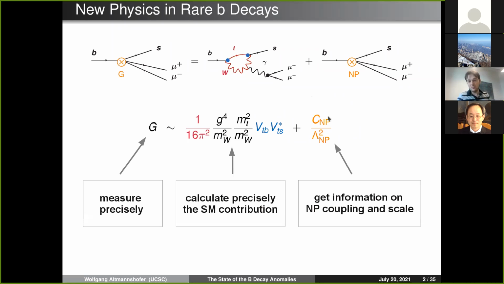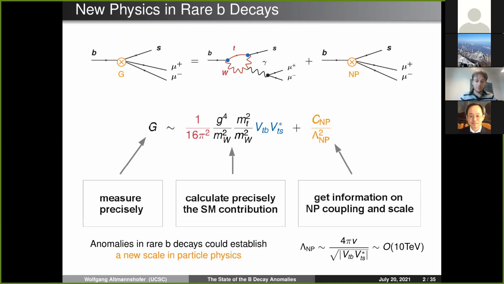Very generically, one could parameterize these new physics contributions again in terms of effective interactions, for example, 4-fermion contact interactions, and then the typical scaling of this new physics effect would be some new physics coupling divided by a new physics scale squared.